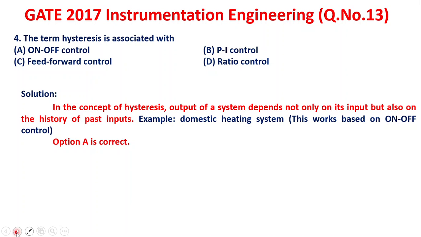Next question. GATE 2017 Instrumentation Engineering question number 13. The term hysteresis is associated with which of these controls? We have seen this hysteresis even in our electrical machines, electromagnetic relays.